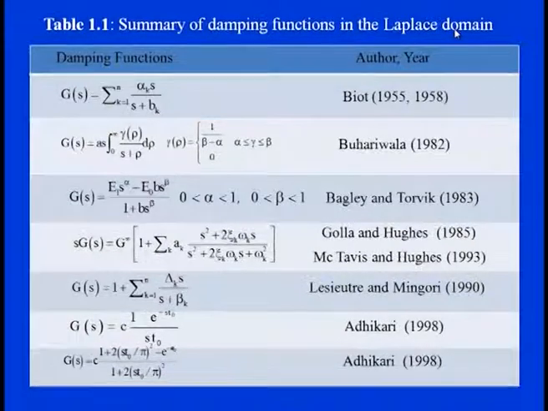And then from 1983 up to 1998 by Adhikari, lots of functions were added in terms of the non-viscous model for the entire damping formulation in the Laplacian domain. The Laplacian domain is always considered when you know the system dynamics and the domain is feasible, in which we can simply consider the complex form of the damping.